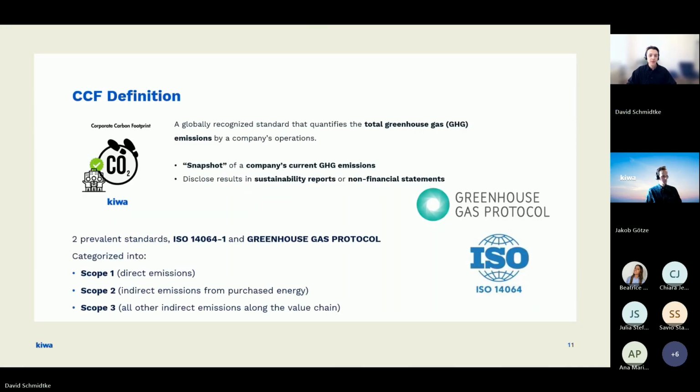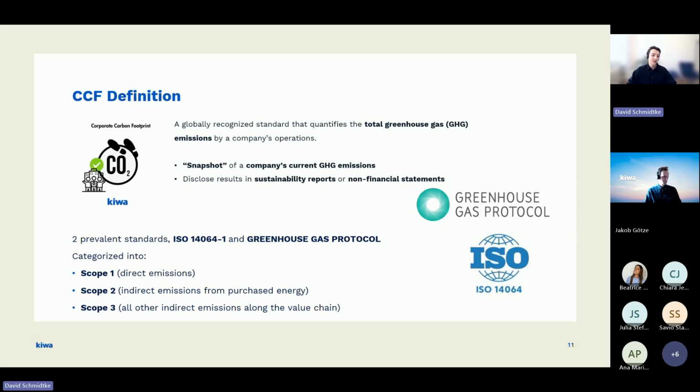Okay. And now that we have a basic understanding of the why we do it, let's talk about the what we do actually. In broad strokes, the corporate carbon footprint quantifies the GHG emissions of a company's operations. It is a snapshot of your company's current GHG emissions, and the results can be disclosed in your non-financial and sustainability reporting.